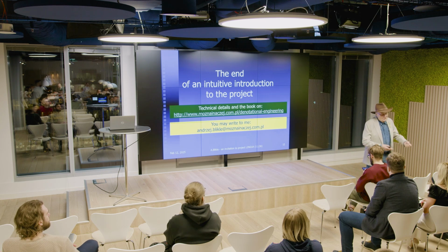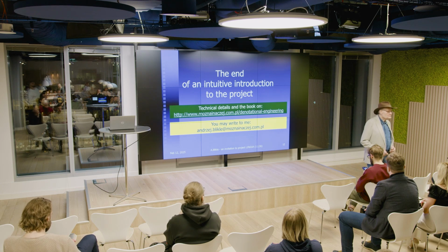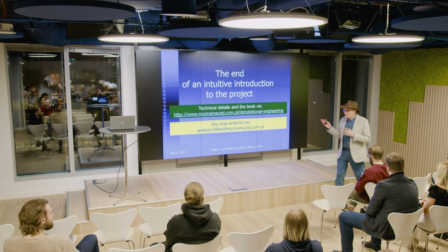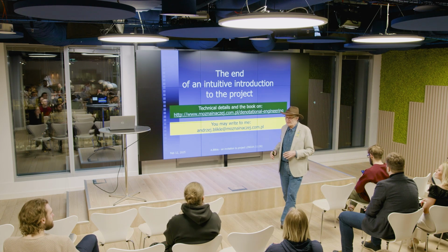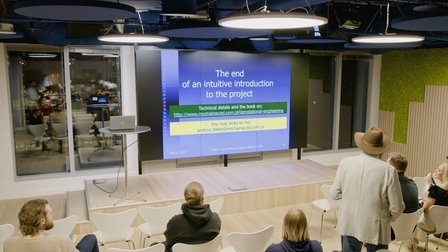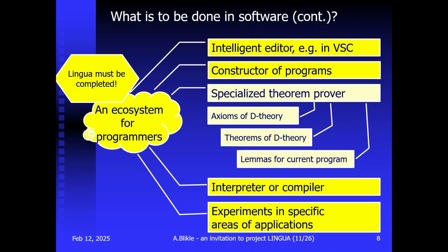But we must not forget that AI is trained on some knowledge base. If we want AI to write correct programs, we have to train it in some methods, and these are the methods. In this project, AI is not necessary in the sense that the methods are algorithmic. What I mentioned here, a constructor of programs, the second line, would be quote unquote the AI of the system.